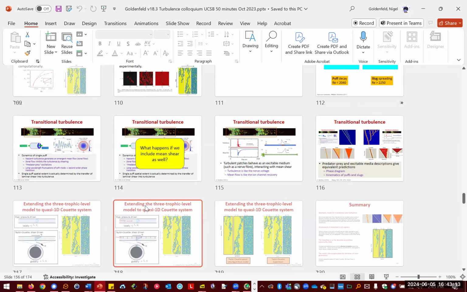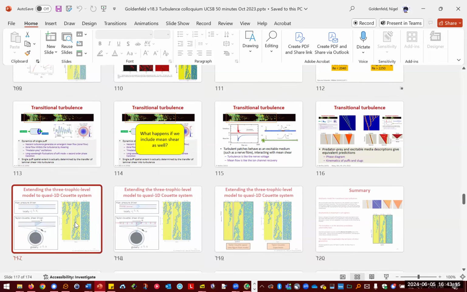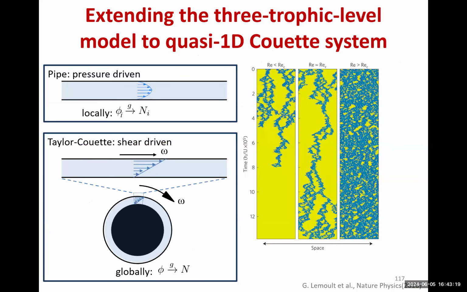Well, I'll show you this. So what you do is you make another ecosystem level. You include the energy of the flow into your model. I don't have the slides for it here, but it doesn't matter.